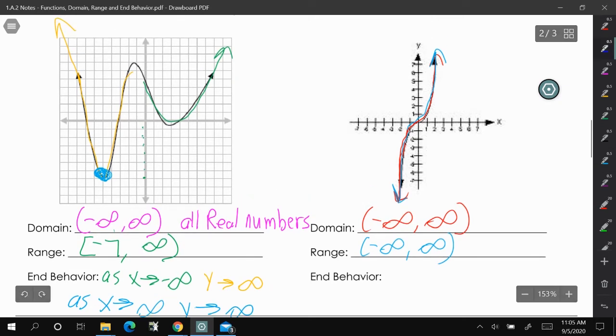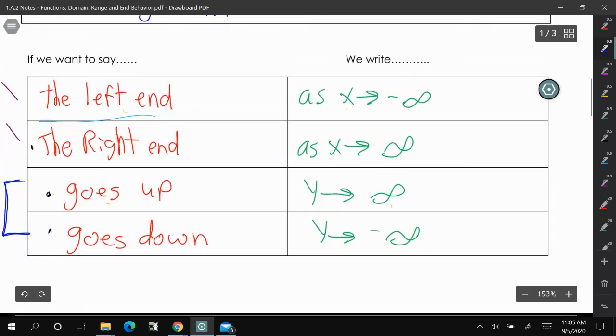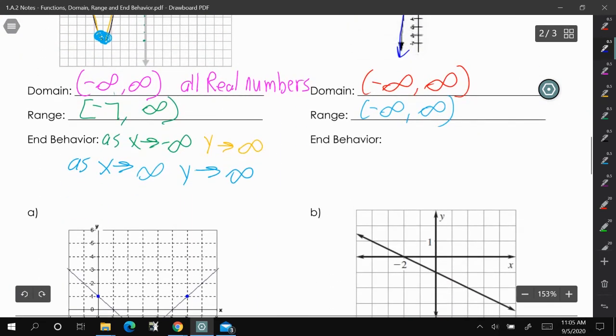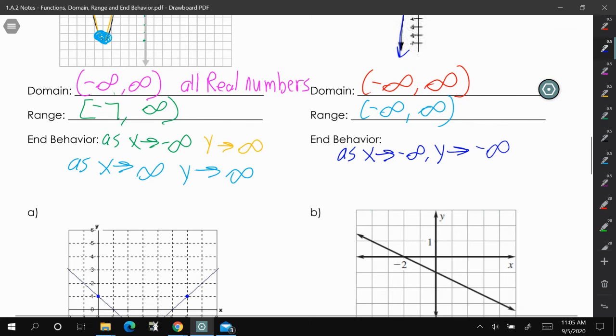Now, let's look at the end behavior. The left side of this function is going down. Let's look at our table. Left end, we're going to write this. Goes down, we're going to write that. So we're going to put these two together. As x approaches negative infinity, y approaches negative infinity, because the left side is going down.